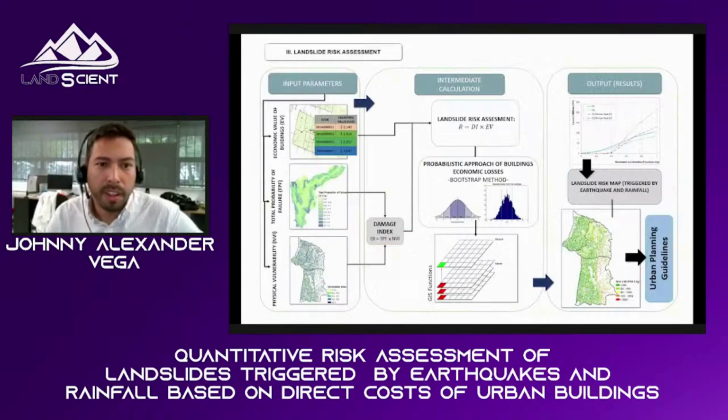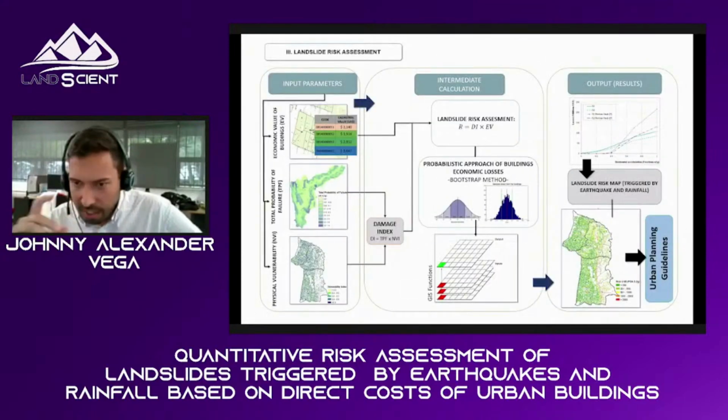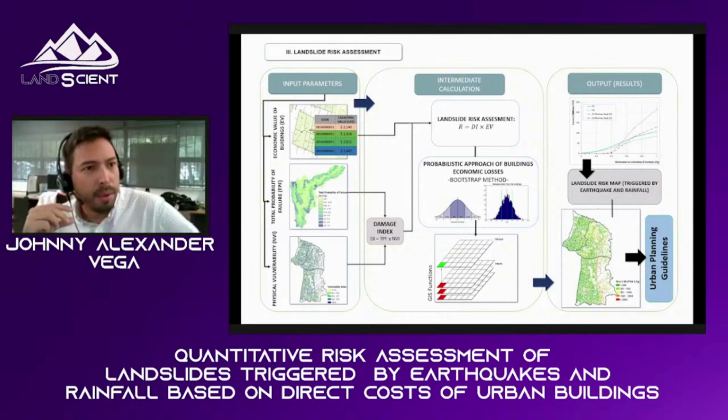In this slide, you can see the quantitative risk assessment. In this stage of the research, we use the results of the previous stage, like hazard, total probability of failure, and physical vulnerability index.